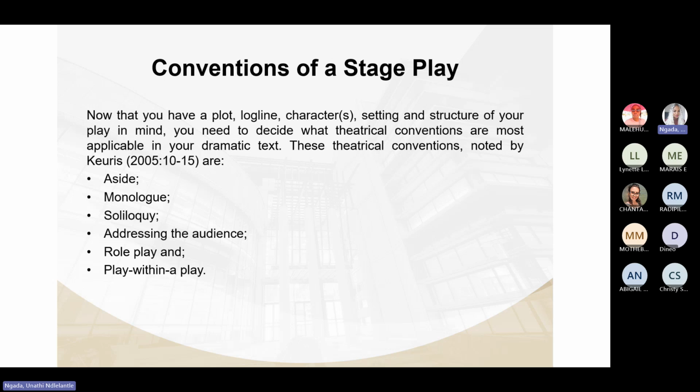When I say theatrical conventions, I'm talking about Marissa's textbook called The Play and Manual from pages 10 to 15. As a writer, you need to decide which of these conventions you are going to apply or utilize in your text.